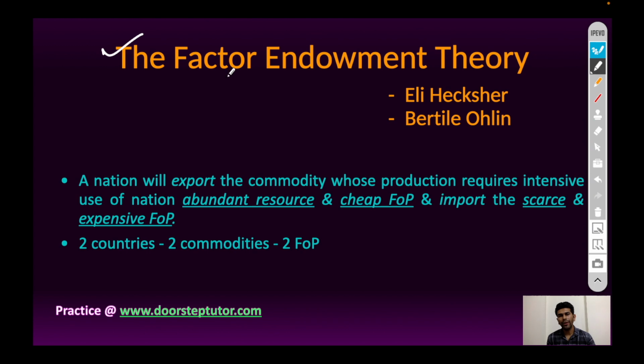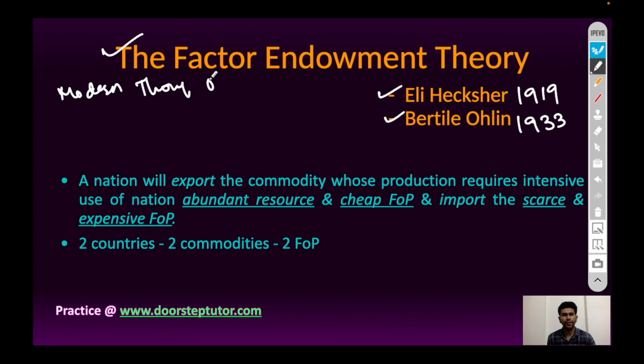The factor endowment theory was given by Eli Heckscher and Bertil Ohlin in the year 1919, and it was further extended by Ohlin in the year 1933. It is also called the modern theory of trade or the Heckscher-Ohlin theory of trade.